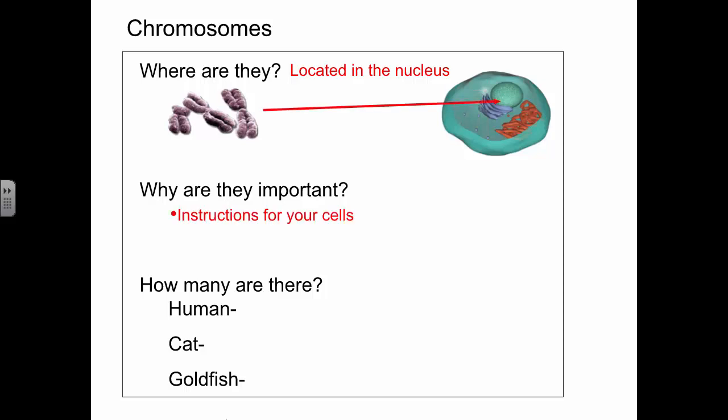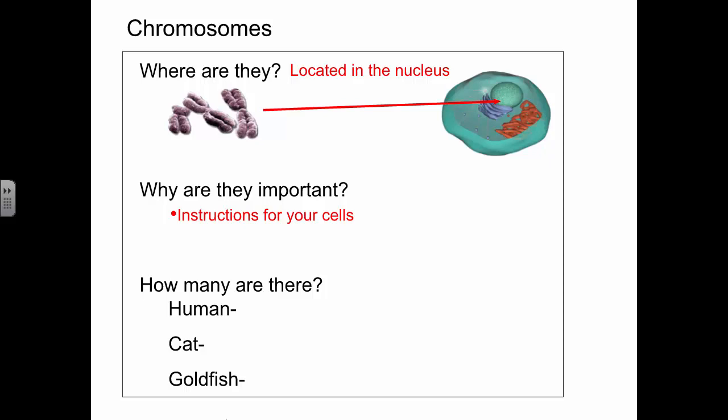And the chromosomes are the instructions for your cells. So, look at the word instruction. What does that mean? Instruct, okay? So let's try to use a definition or description that doesn't use the word. What does it mean to instruct? Give directions, to direct.